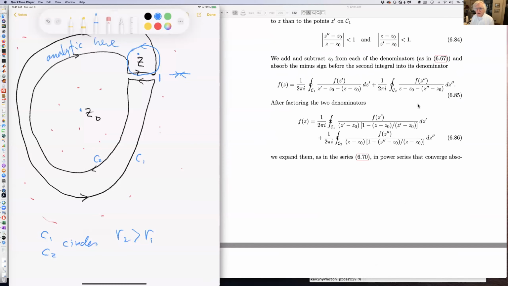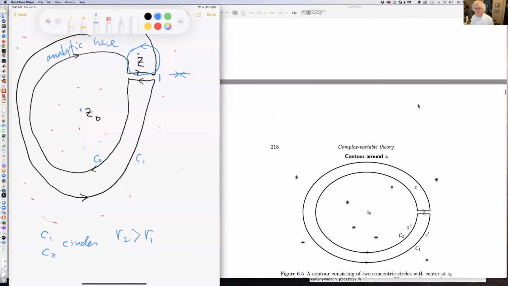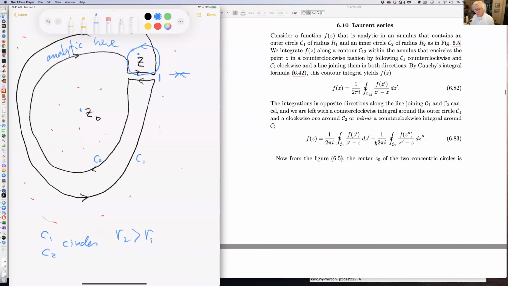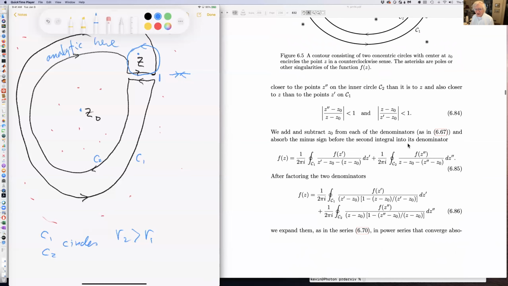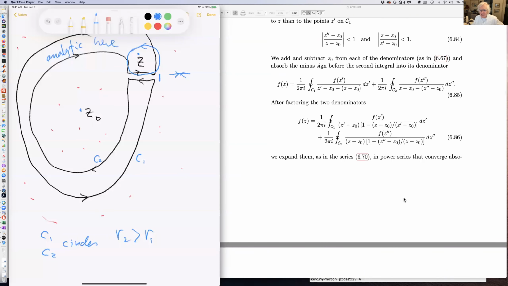Now we go back to this original expression, or equivalently, this difference of two expressions. First of all, we absorb this minus sign in the denominator, and then we have these two integrals. We subtract and add z0 to both denominators, and then we factor both denominators. Then we expand them, but in such a way that this is less than 1 and this is less than 1. Those are these two conditions.